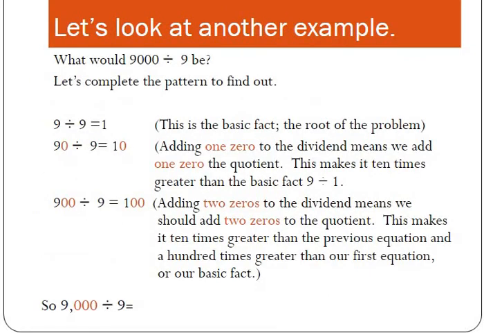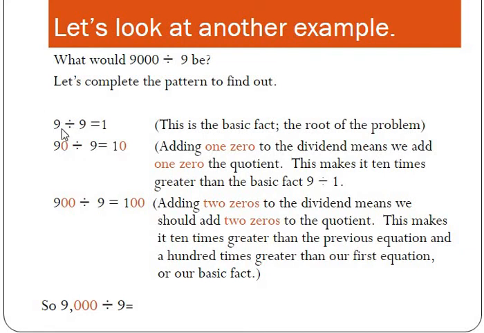Okay, now as you can see, looking at the other example, I just want you to remember that we are depending on the concept of using the basic facts. I ignore the zeros added, as I did in multiplication, but here it's division.